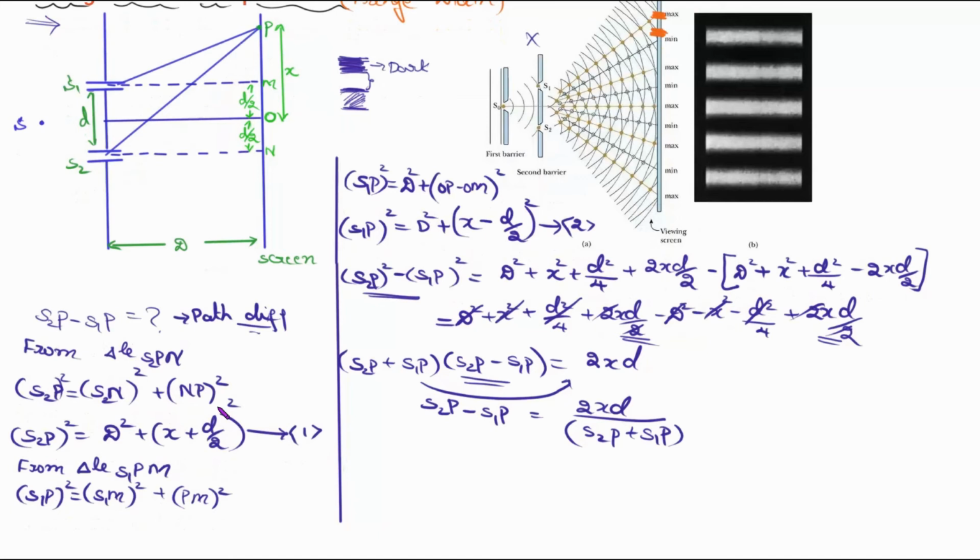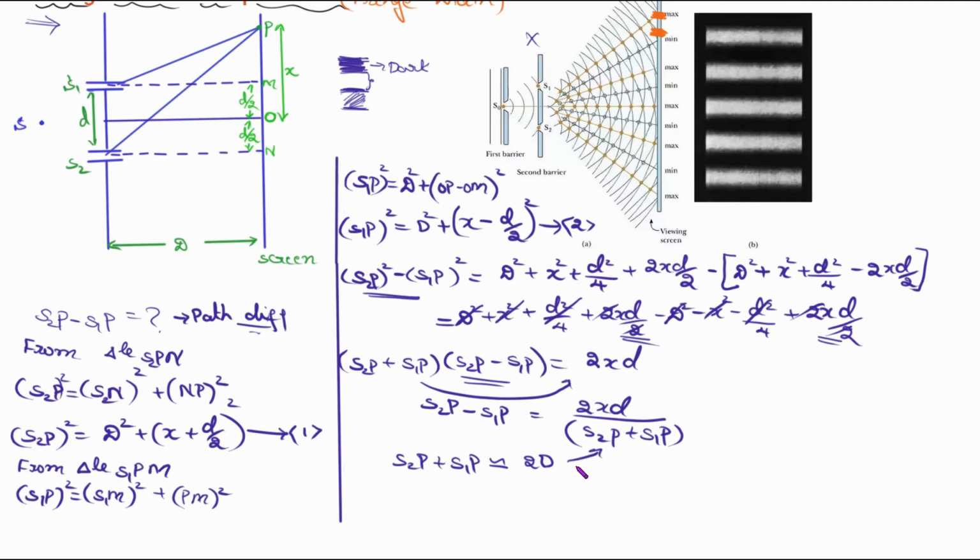Now here, if the distance between these two slits is not very much more, at that time during Young's double slit experiment, Young found that this S2P plus S1P value is close to 2D. Alright, while doing the experiment, this S2P plus S1P value through experimental results was found to be 2D.